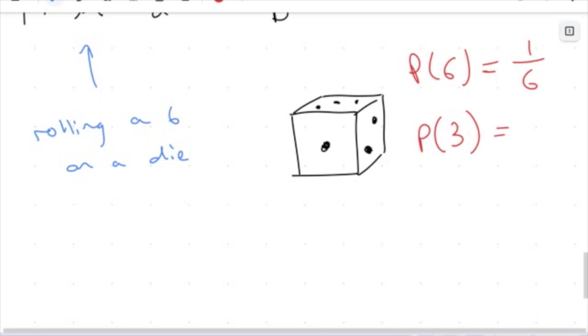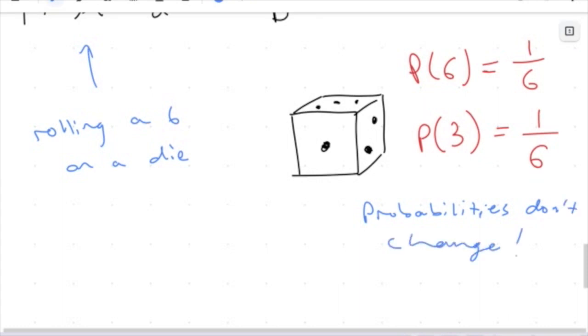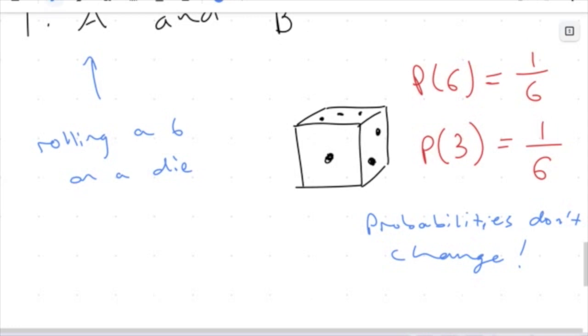So the probability of rolling a 3 is still going to be 1 out of a possible 6 options. So here, the probabilities don't change. So these are independent events.